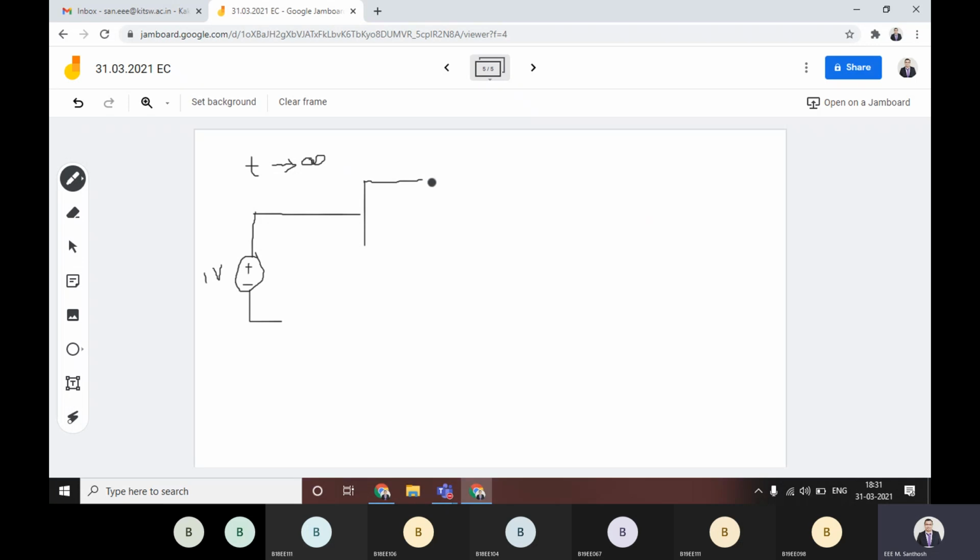What happens with this inductor? Whether it is short circuit or open circuit at infinity? Definitely this one is short circuit. That means directly you will get only IL of infinity here. Why? Because at infinity steady state your inductor will act like a short circuit.